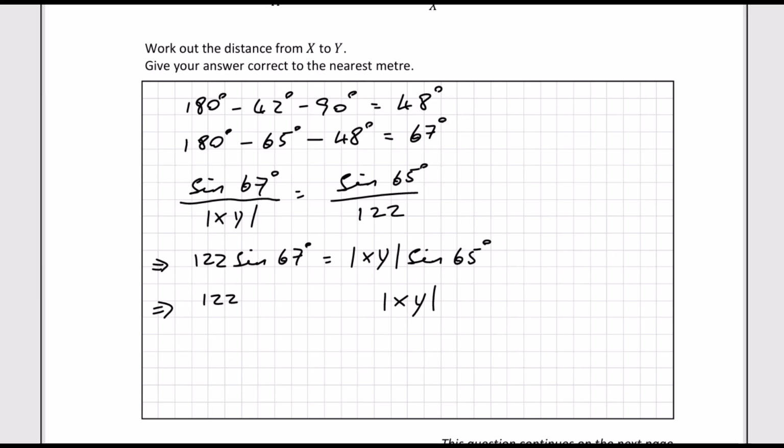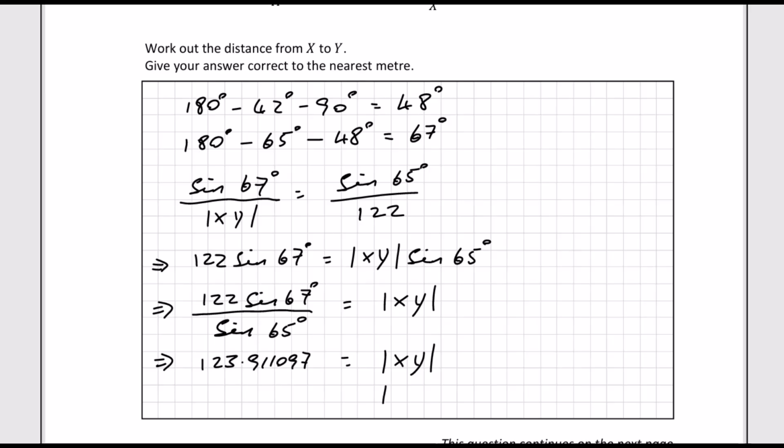So it's 122 sine 67, all divided by sine 65 degrees. So that gives us the length XY, which is what we're looking for, and that's going to be equal to 123.911097. We need it to the nearest meter, so XY, our answer then, is just 124 meters.